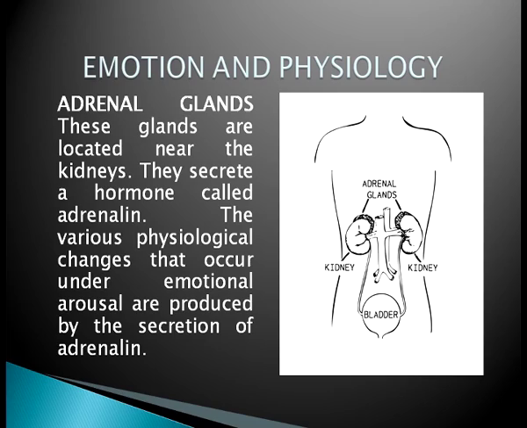The first is the adrenal glands. What happens to them when we are in an emotional state? These glands are located near the kidneys. They secrete a hormone called adrenaline. The various physiological changes that occur under emotional arousal are produced by the secretion of adrenaline.